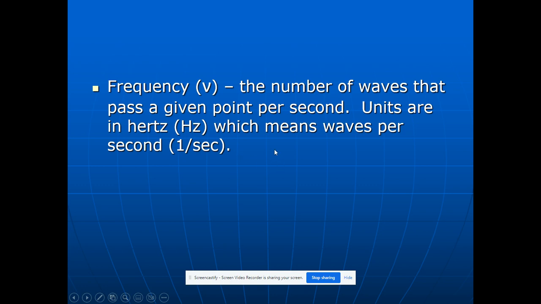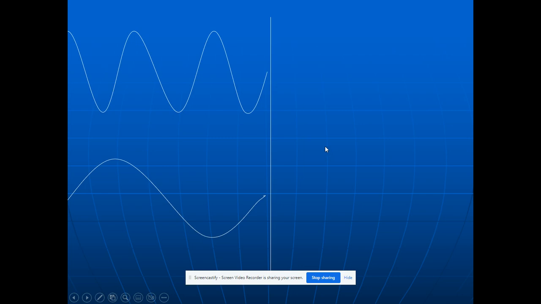Let me go ahead and demonstrate what frequency is. This is to differentiate it also from its speed, because people get speed and frequency confused. All right, so let's say that there's these two waves here. One wave has a smaller wavelength, the other wave has a larger wavelength.